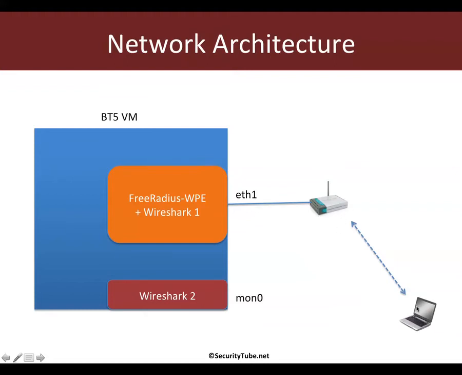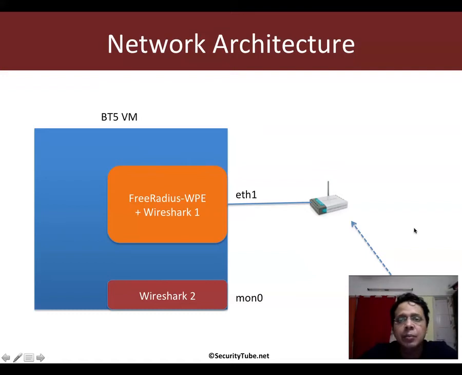The client software is the Mac OS system which I am on currently. So I would use the host operating system to simulate the client, and I would use the guest, which is the Backtrack 5 VM, to have the FreeRADIUS server and also to monitor the air, right? So hope this is clear.